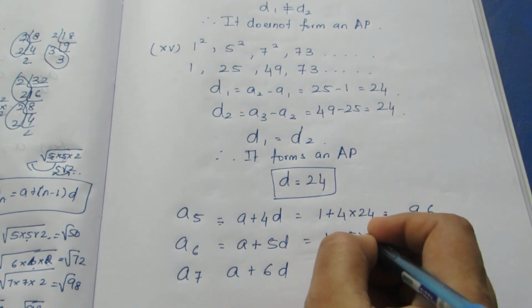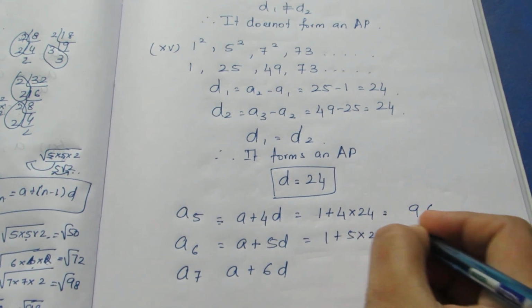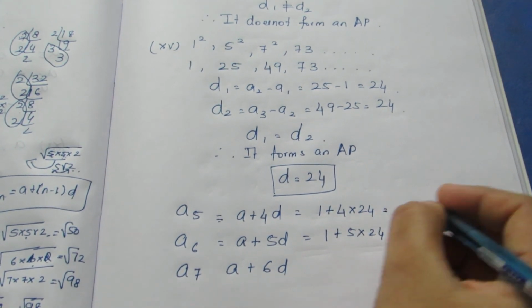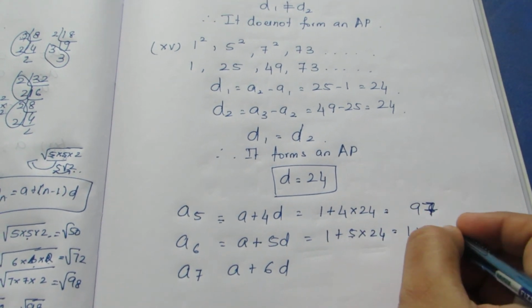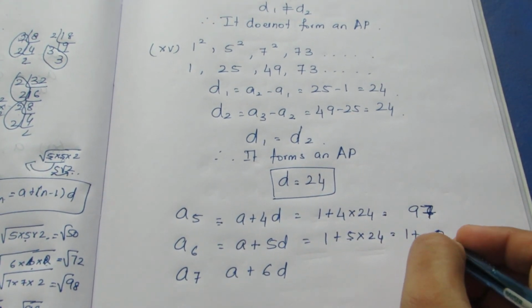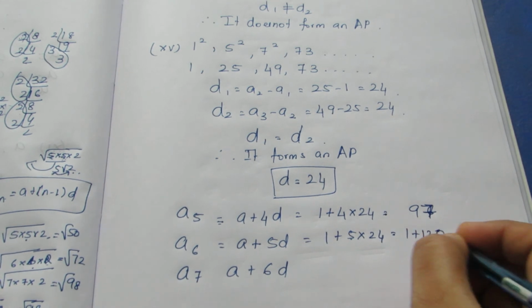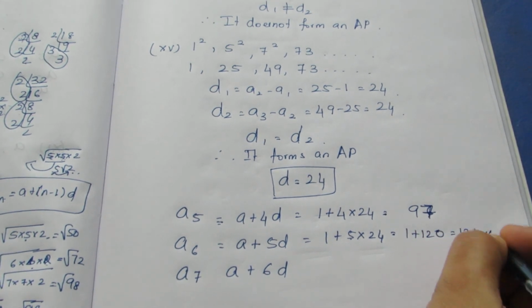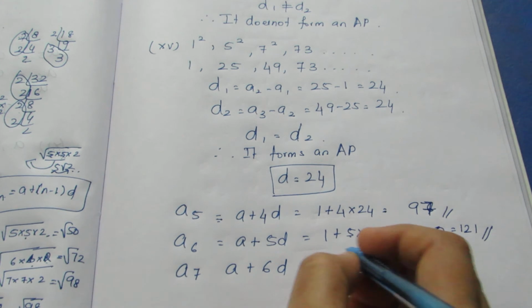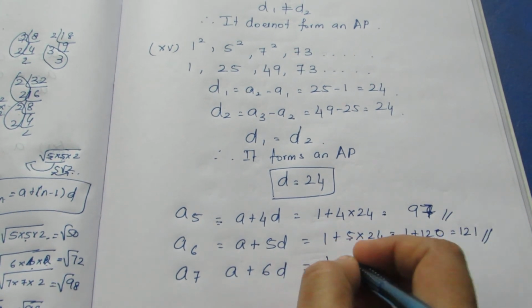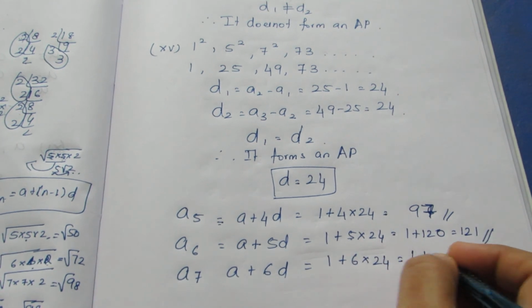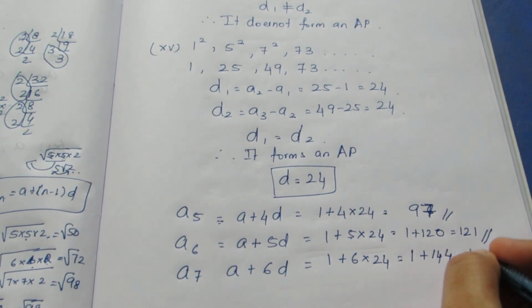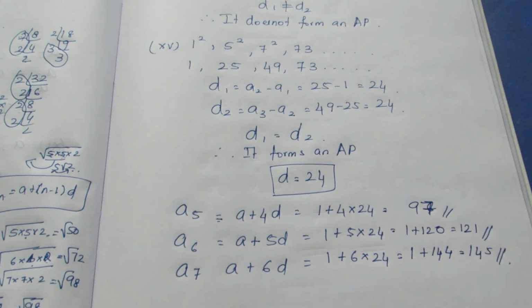Here 1 plus 5 into 24, 5 4s are 20, 5 2s are 10, 11, 12, which is 121. Here 1 plus 6 into 24, which is 145.